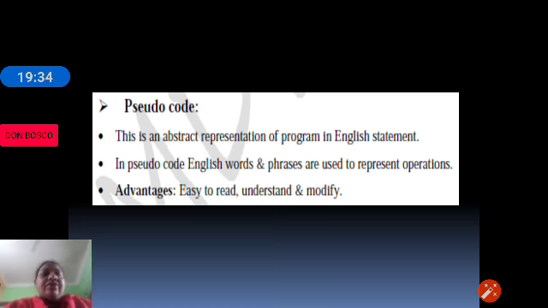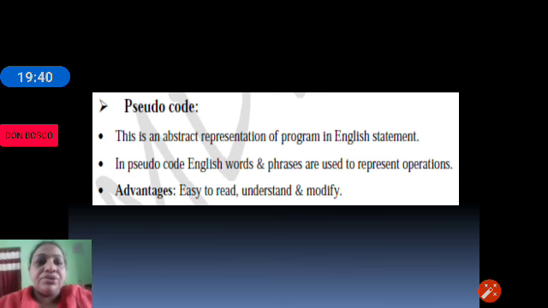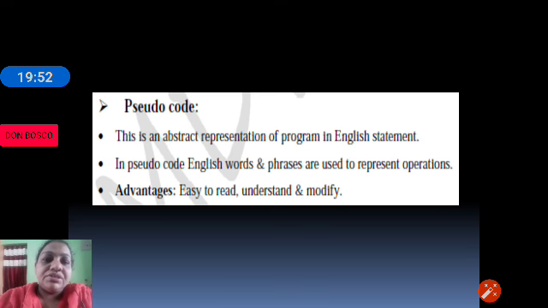Compared to that, an algorithm has a definite procedure. You have to start with start, and write step 1, step 2, like that. Here there are no such rules. So it is easy to understand, learn, read, and also easy to modify. So this is about pseudocode.